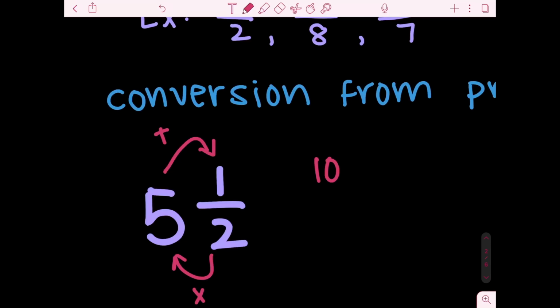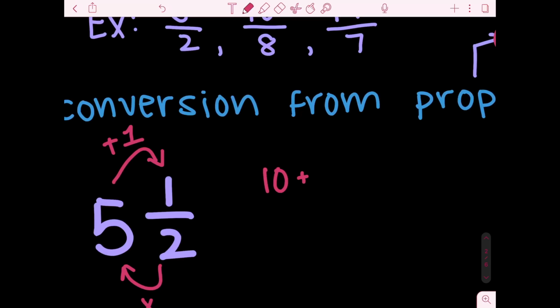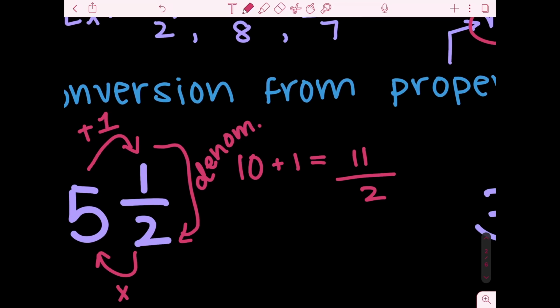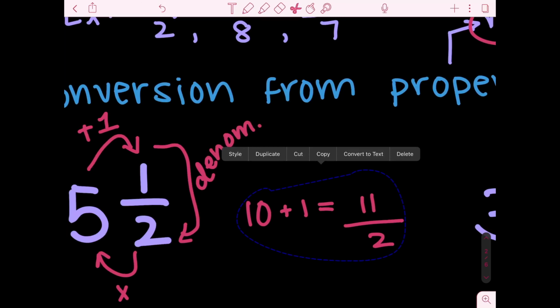So plus whatever you have here. So we're going to do plus 1. 10 plus 1, we get 11. And then you're going to put it all over the denominator. 11 divided by 2.